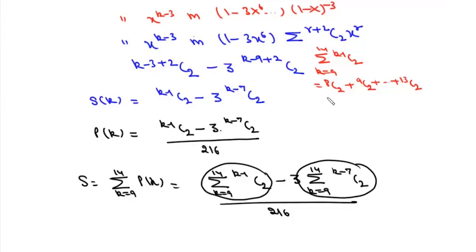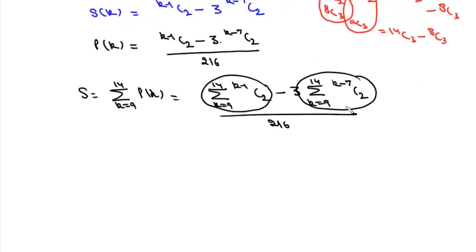Now what we'll do is we'll add 8C3 and we'll subtract 8C3. Now n is the same and r differs by 1, so it'll be 9C3, again 9C2 plus 9C3 will be 10C3, and finally it'll be 13C2 plus 13C3, and that'll be 14C3. So this value will be 14C3 minus 8C3.